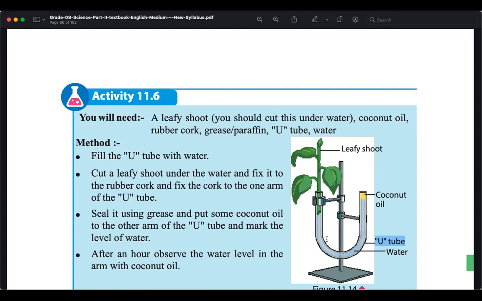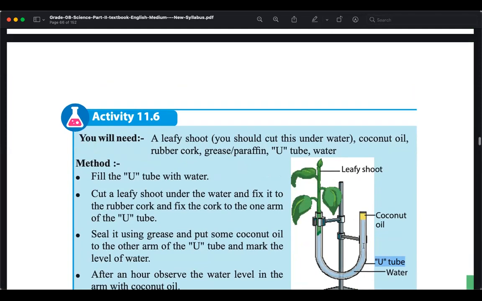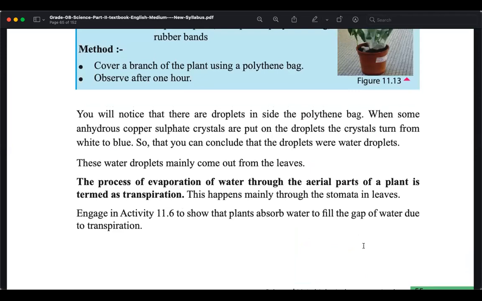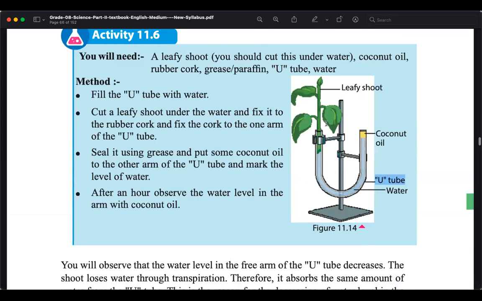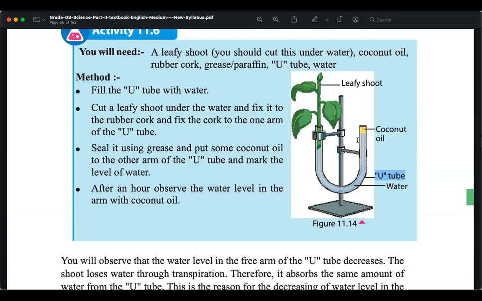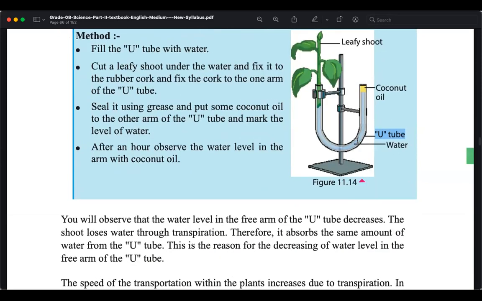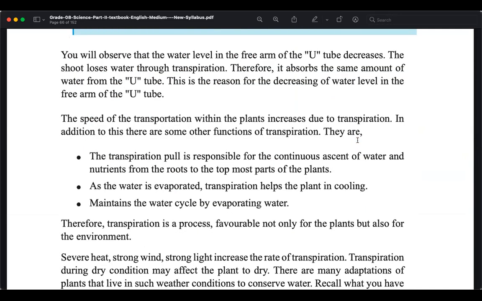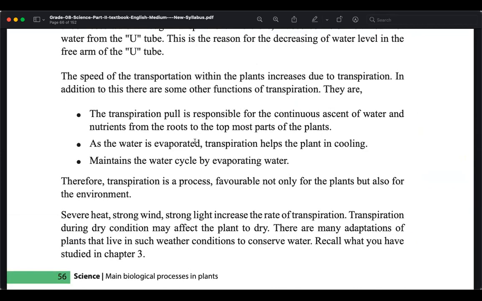Because of the U shape. When the plant absorbs, the water level on that side moves up, but to fill that, the oil side will go down. That you can observe. That is also to observe the process of transpiration. This is happening inside the tree. Previously I said that it is powered by transpiration. Okay, so here the transpiration pull is responsible.